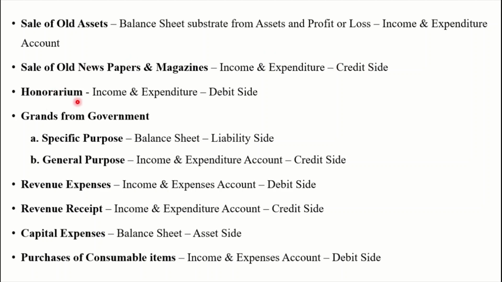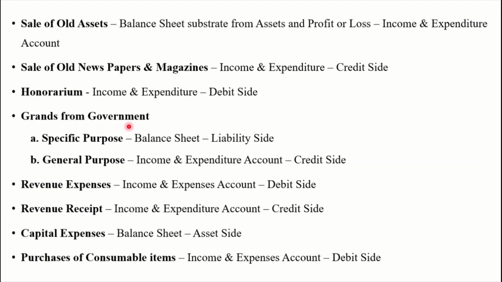Honorarium is the money paid to persons who are invited for delivery of lectures or some event. We call that honorarium. It is an expense from the organization's point of view, so we record honorarium on the debit side of the income and expenditure account.